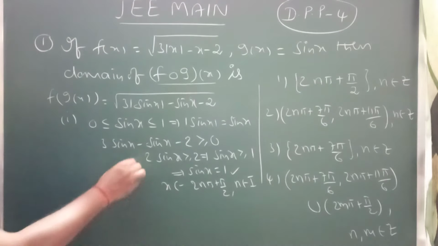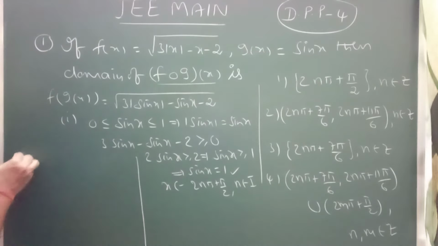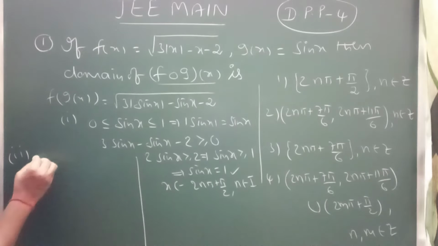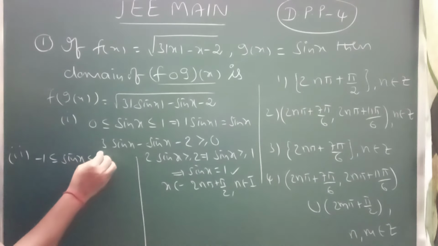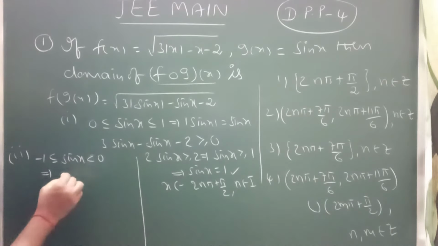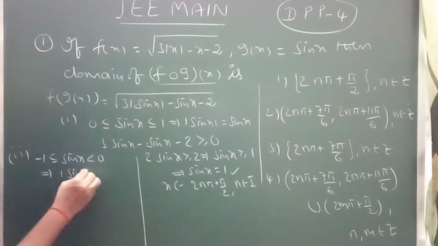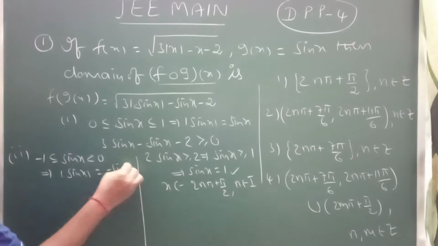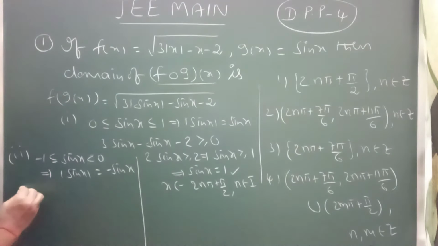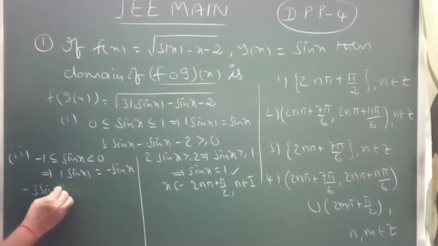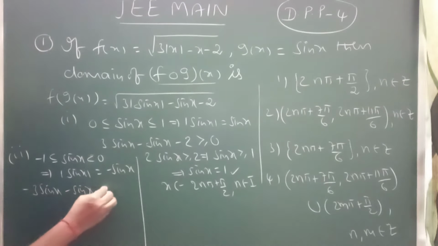Now if I take the other case, case 2, minus 1 less than or equal to sin x less than or equal to 0. Here sin x is less than 0, so mod sin x will be minus sin x. If you take this, you will get minus 3 sin x minus sin x minus 2 greater than or equal to 0.